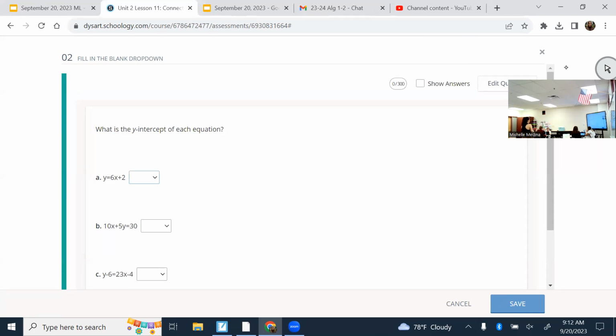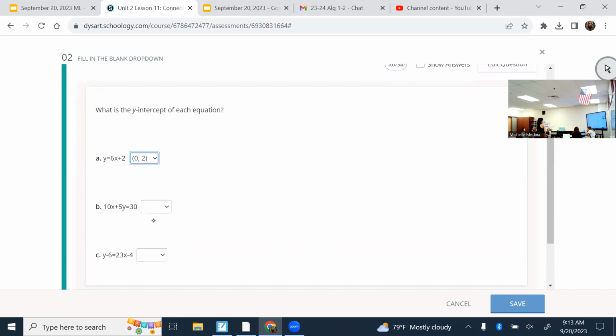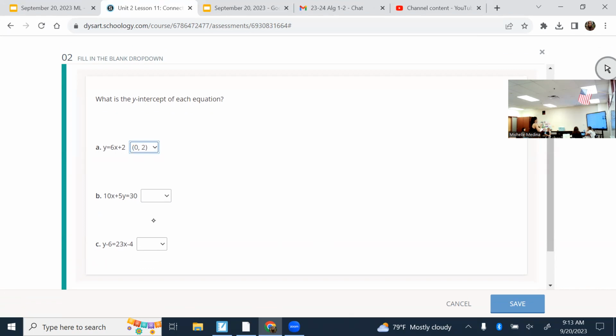The first one, I don't really need to, because I can tell just by looking at it with my y-intercept. 2, and it should be written where the y is 2, not the x, so it goes x, y. The other ones, it looks like I will need to use Desmos or rearrange it, but rearranging would be more time consuming if it was a test.